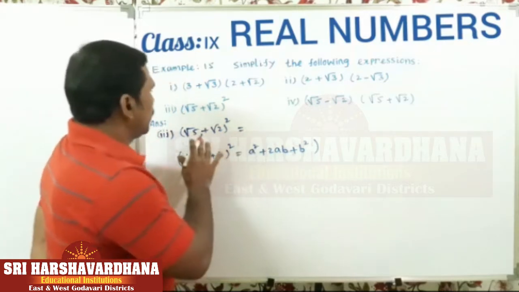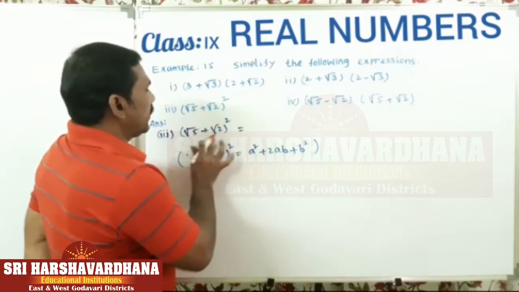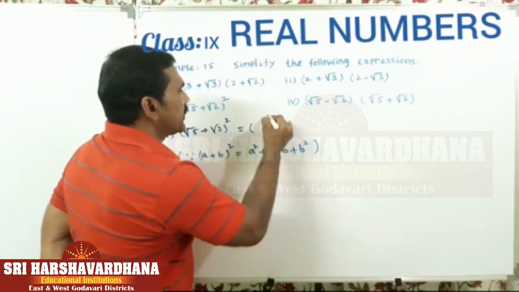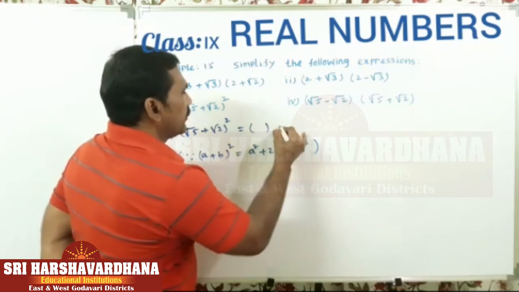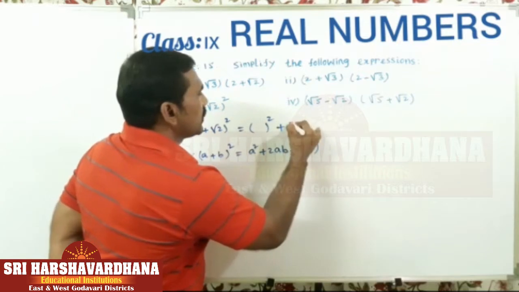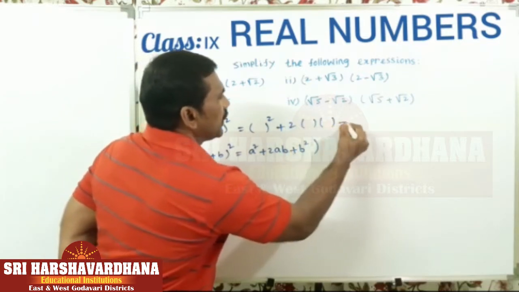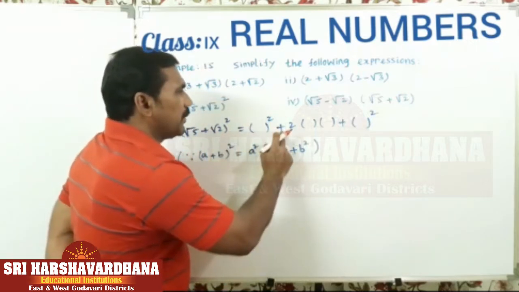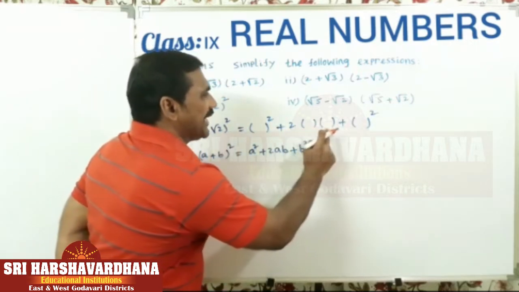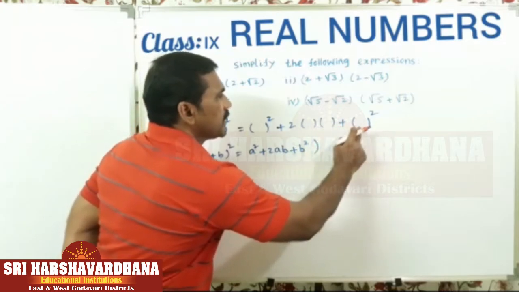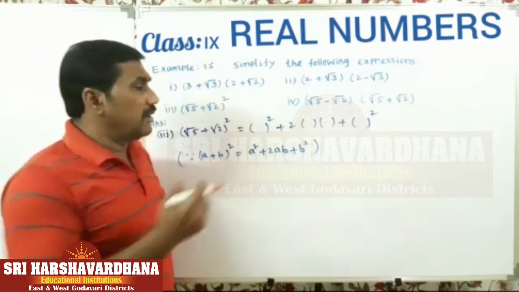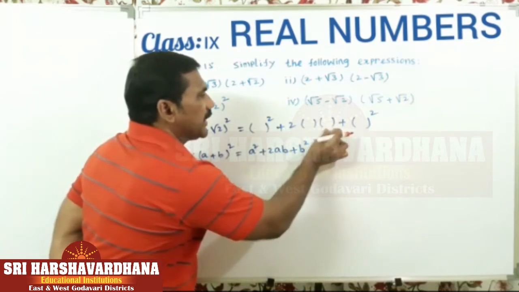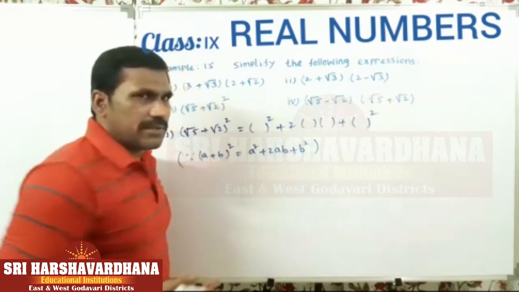Okay, so root 5 plus root 2 whole square can be rewritten as a square plus 2ab plus b square, that is, first term square plus 2 into first term into second term plus second term square.